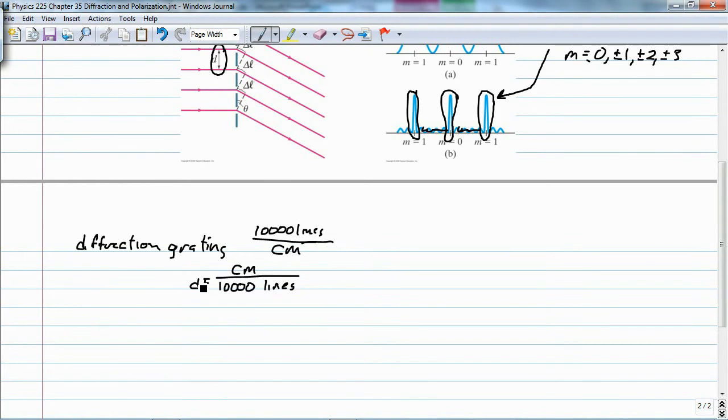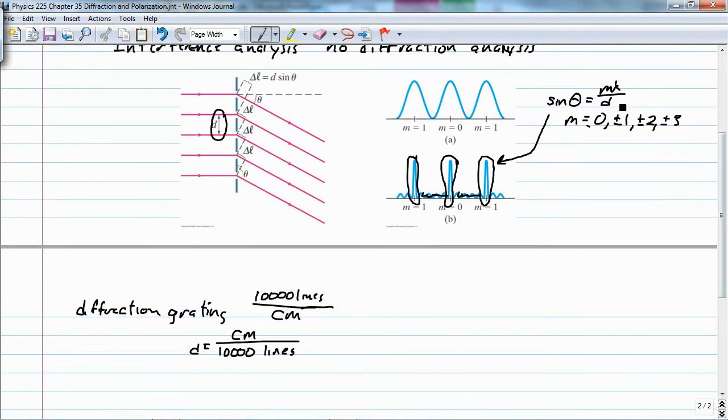So d becomes a reciprocal, and that tells us the distance between each of these lines, that's what we're looking for. That's the d that's in this formula.